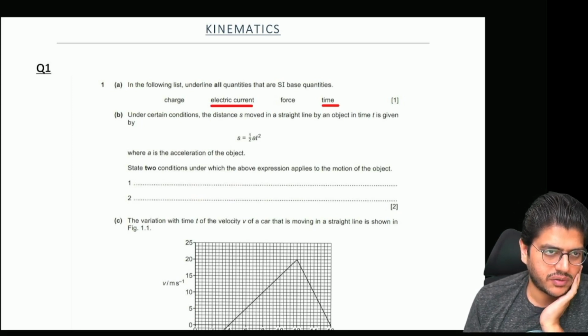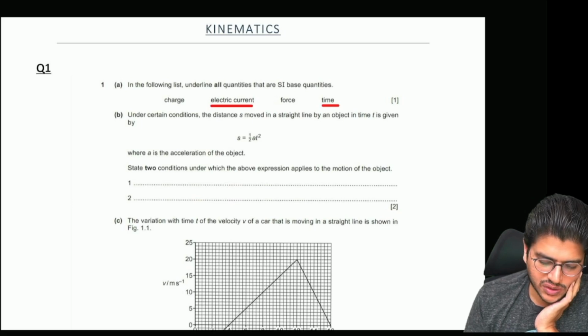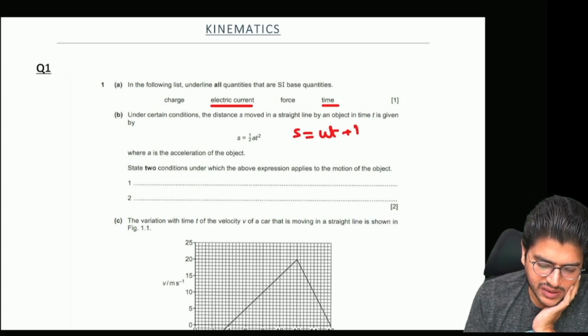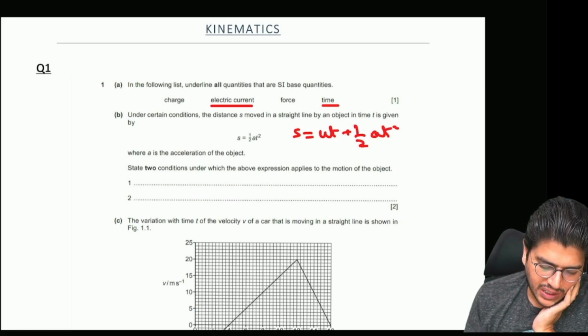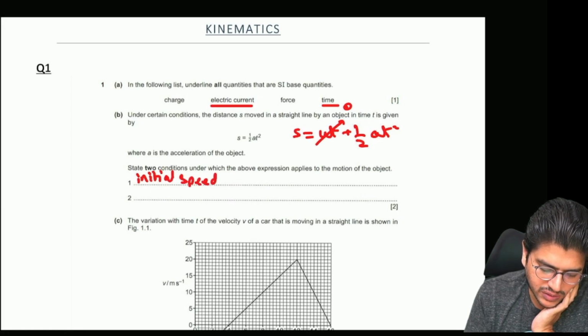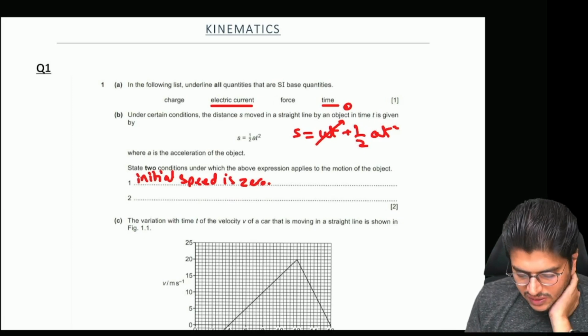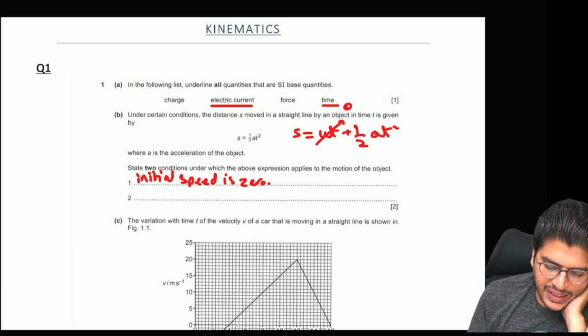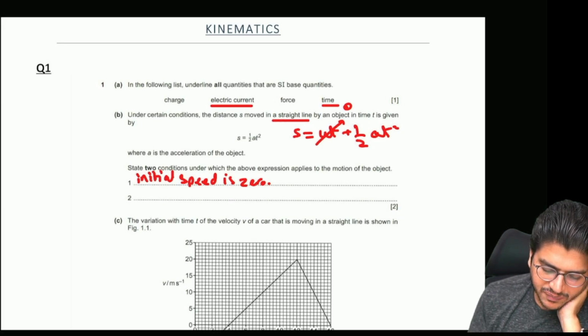The conditions for the equations of motion. So this equation is actually s equals ut plus half at squared. And we can clearly see that ut is not there, which means that this is 0, which means that my initial speed is 0. Or you can even say that the body is at rest initially. And the second thing is they've already mentioned that you're moving in a straight line.